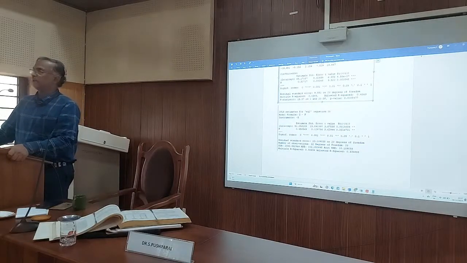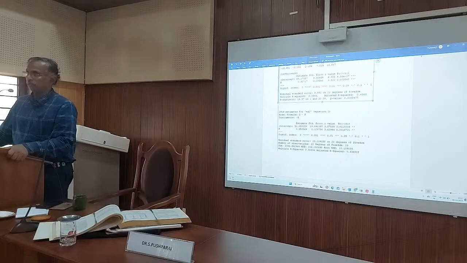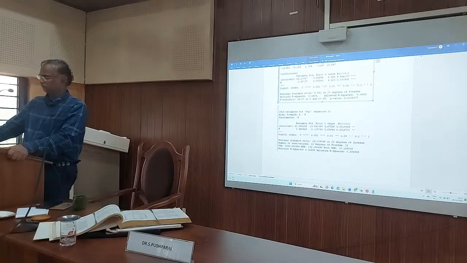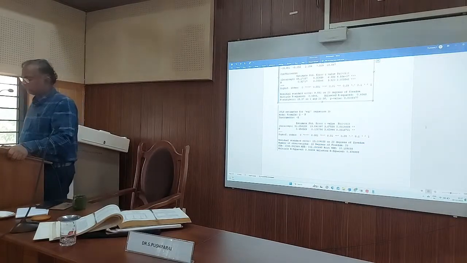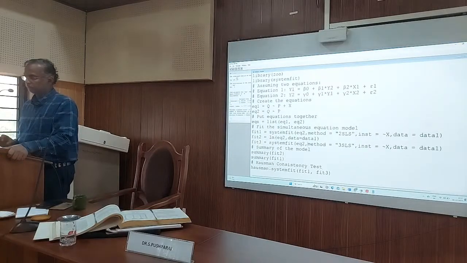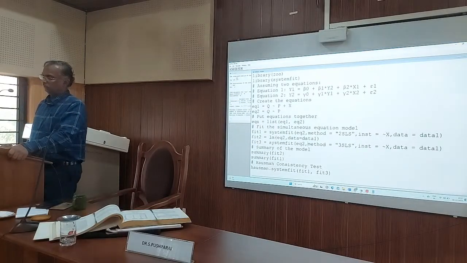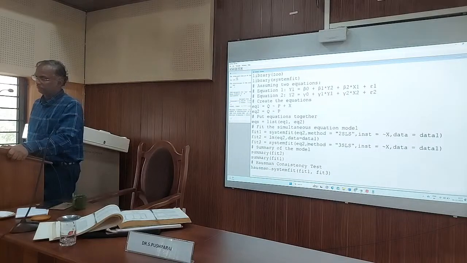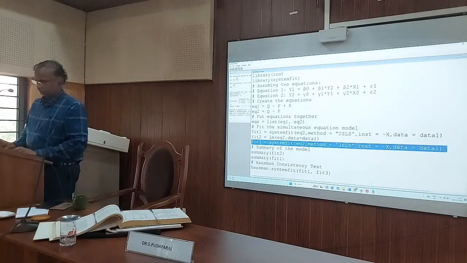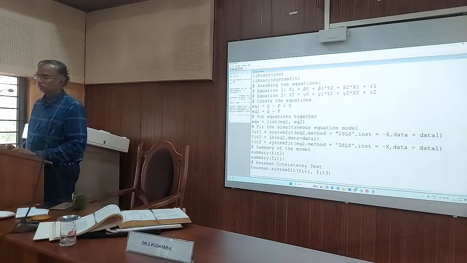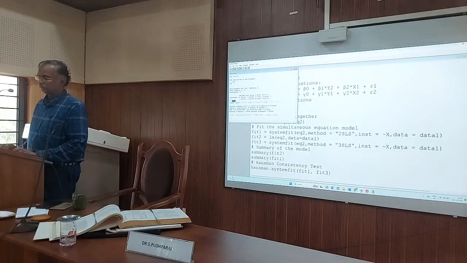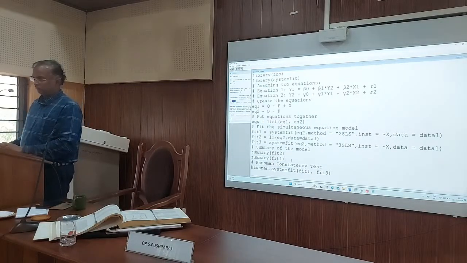In fact, it can be run with 3SLS also. That also can be done. So one more step, you are going to run the third fit, fit 3. Everything remains the same except the method. It is done again. We can get the summary of fit 3 also.